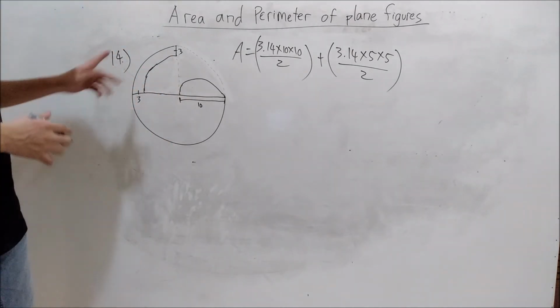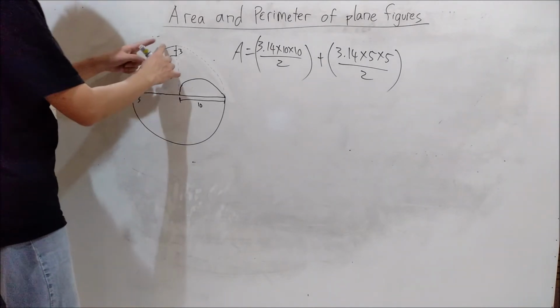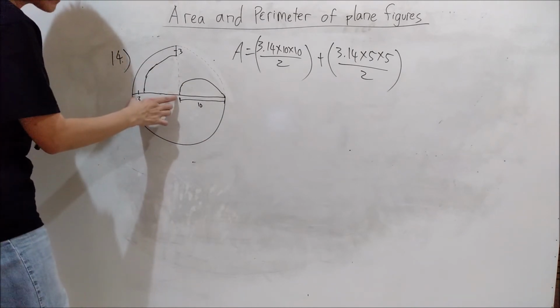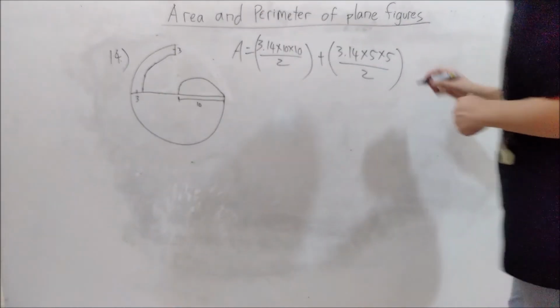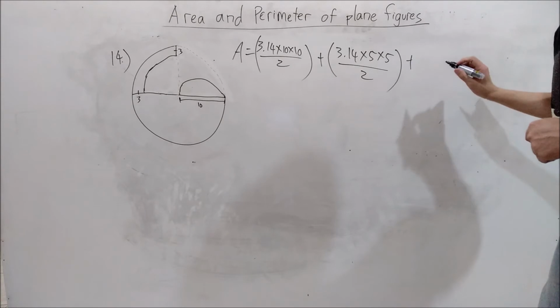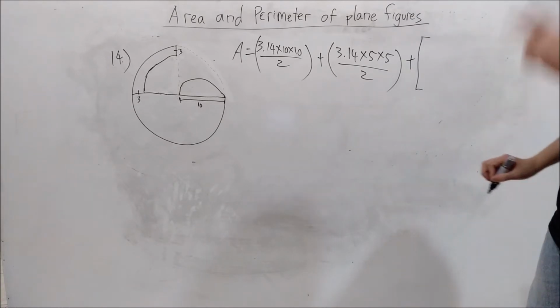Okay, so what I will do is, I will find the big quarter circle. The quarter circle has a radius of 10, so I will plus this part, we will need to count it twice.